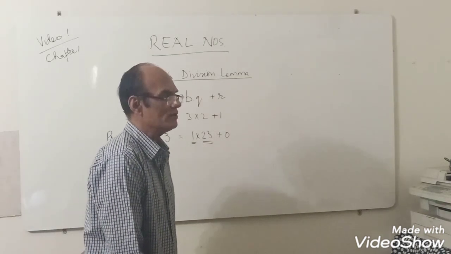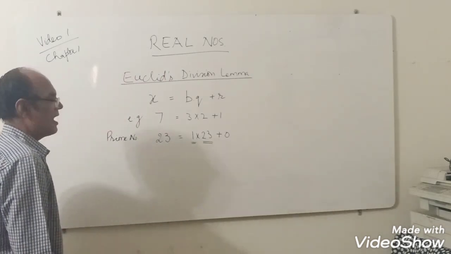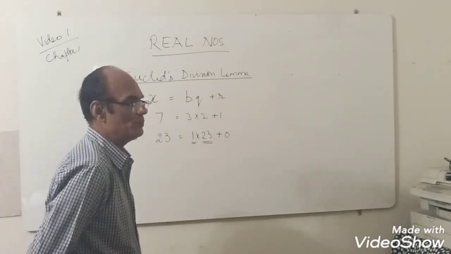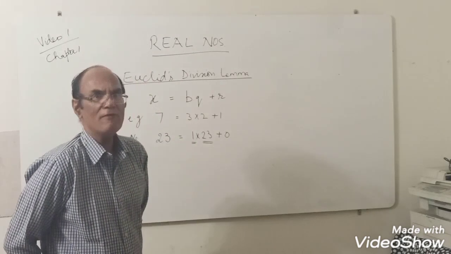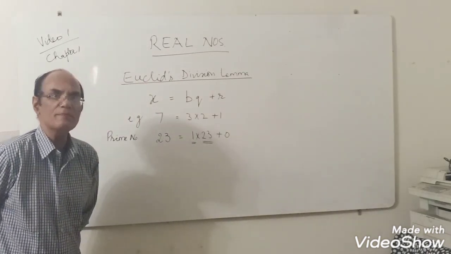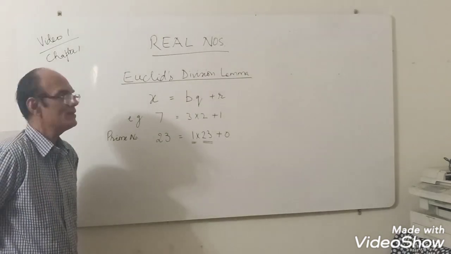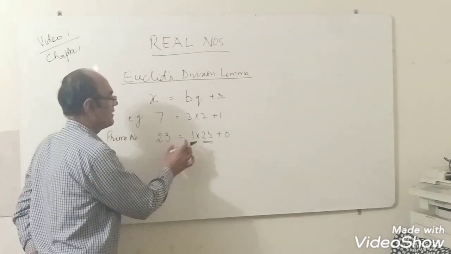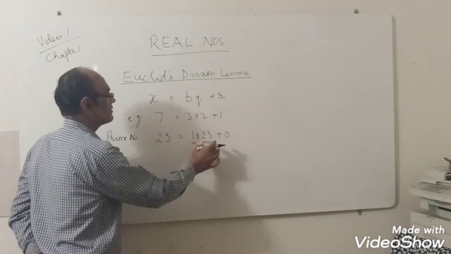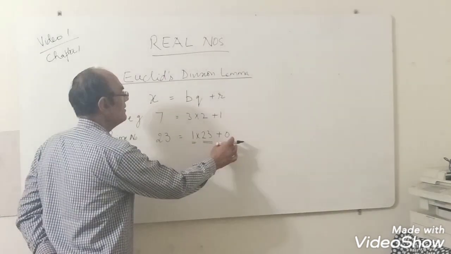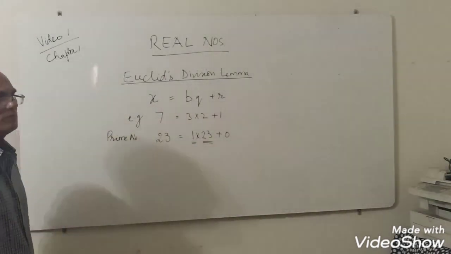Just recollect the definition. A number is said to be prime if it is divisible by 1 or itself. 23: 1 or this, remainder being 0.